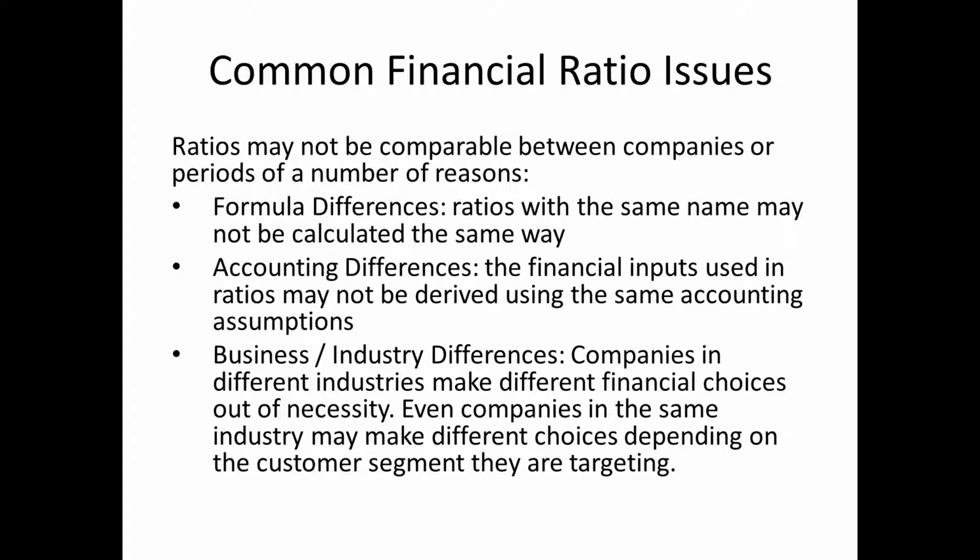It may just be the nature of being in that industry. And so choosing to be in that industry requires that the ratios be in a certain range, in which case comparing between them is like comparing apples and oranges.